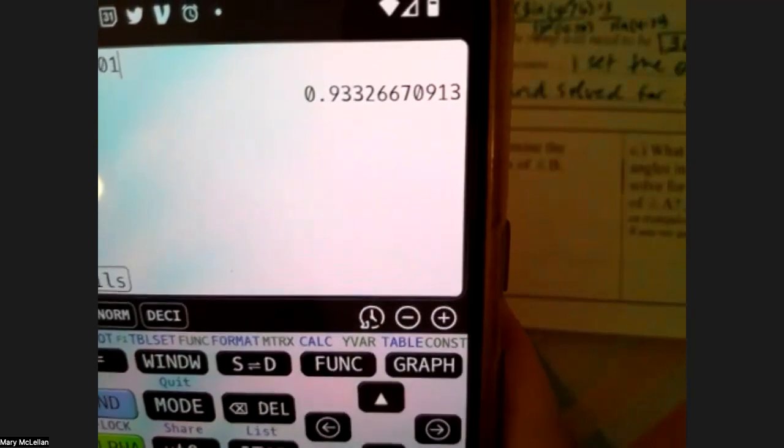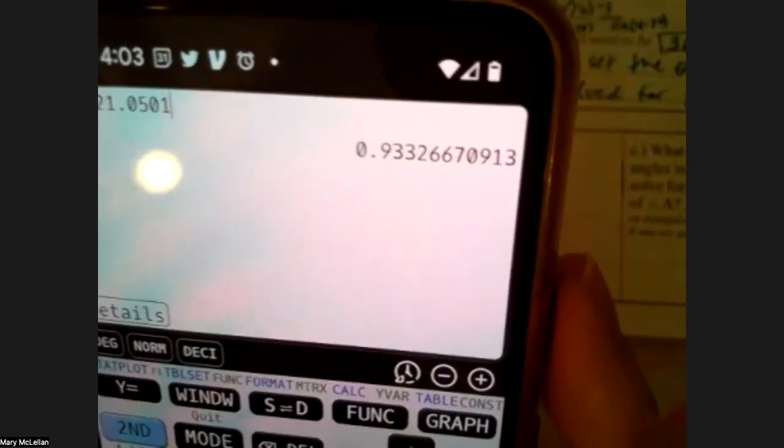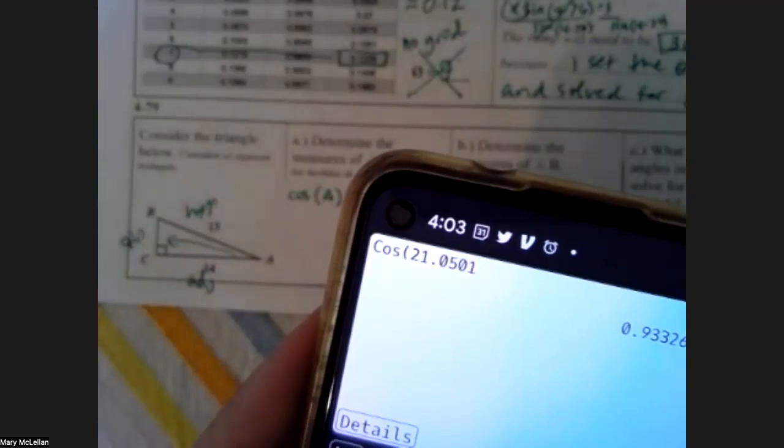Okay, we actually don't need this level of precision. I'm just having fun now. It's about 21.05 degrees. Not percent, degrees.